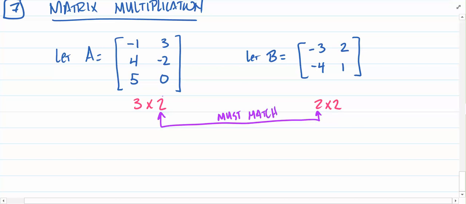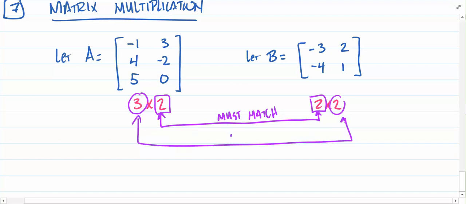What does that represent? The columns of the first matrix must match the rows of the second matrix. And the cool part is this: the leftovers, the 3 and the 2 on the outside, will be the result, the order of your product.